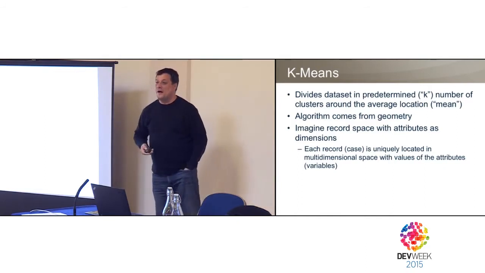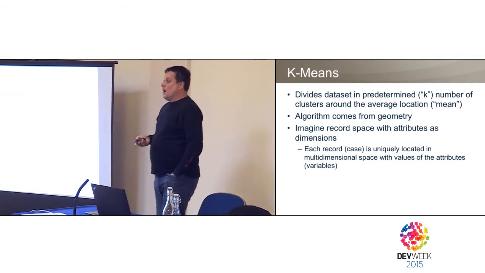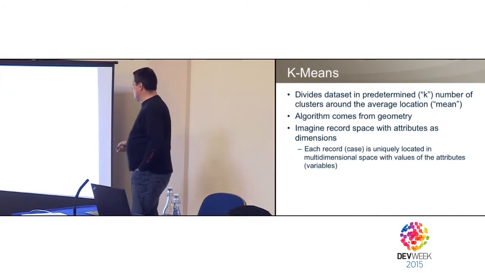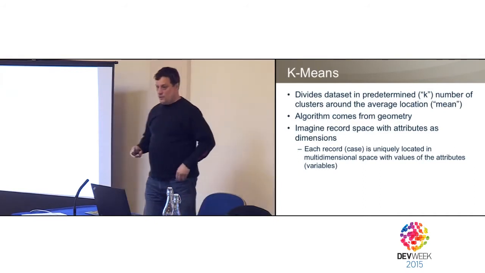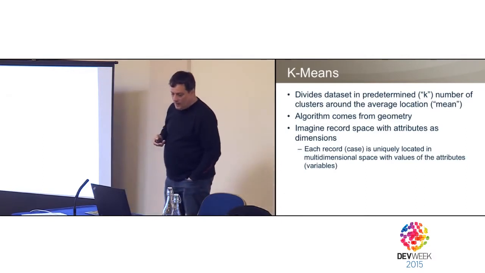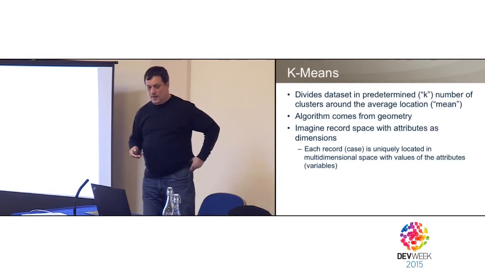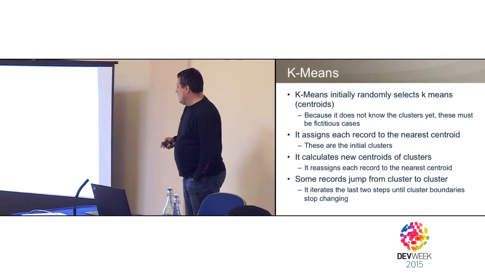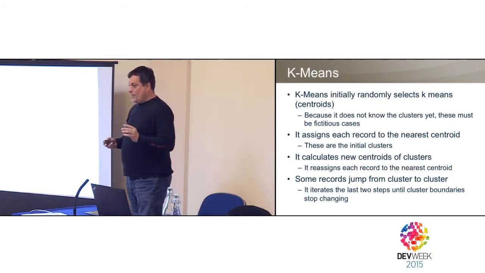So, partitioning methods, k-means. This partitioning method divides the dataset into a predetermined k number of clusters around the average location of the cluster. So again, we define a record space with attributes as dimensions. And again, values define data points in this hyperspace. Now, we have to assign cases to means, but we don't have means.